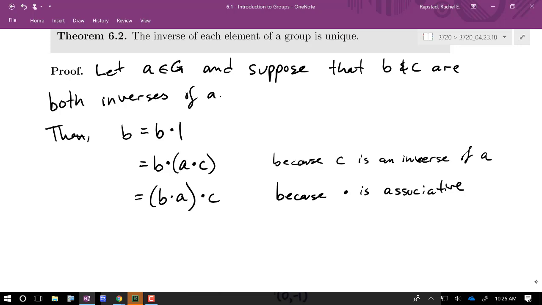What should B times A be equal to? B is also an inverse of A, so it should be equal to 1. Yes, yep.